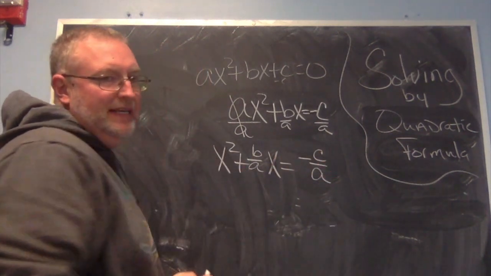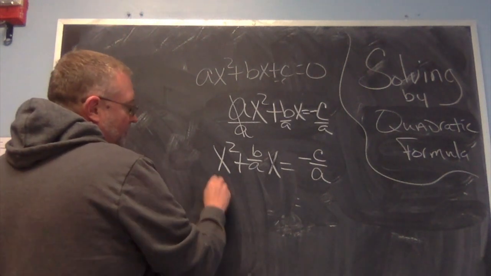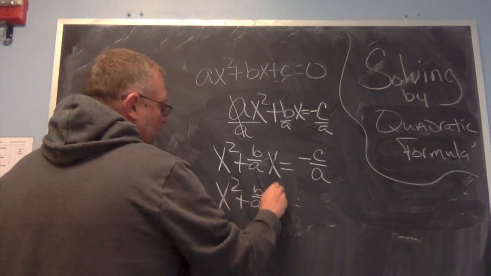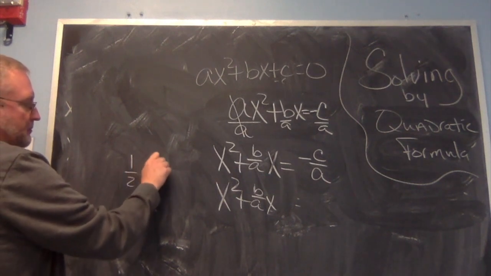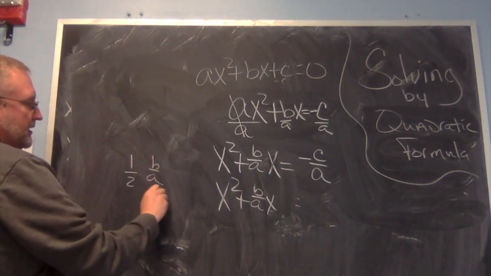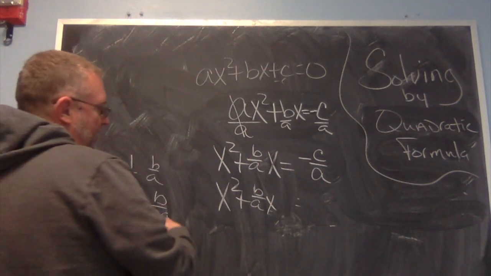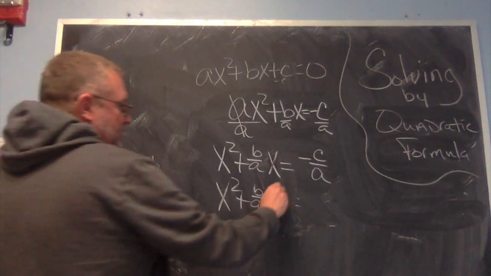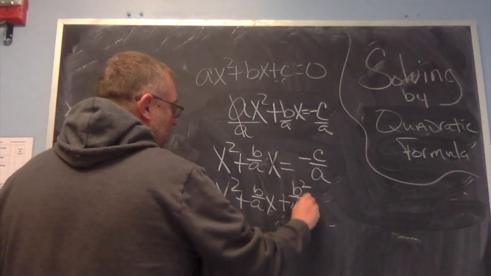Now I've got to complete the square. To complete the square, remember, I have to multiply that times a half. So 1/2 times b over a is b over 2a. Then I would square that by multiplying it by itself, which gives me plus b squared over 4a squared.